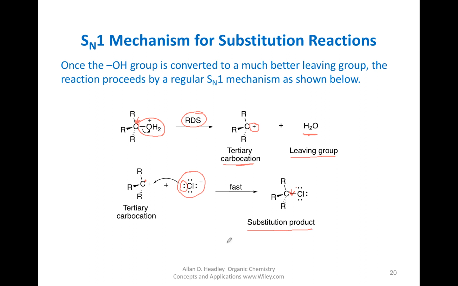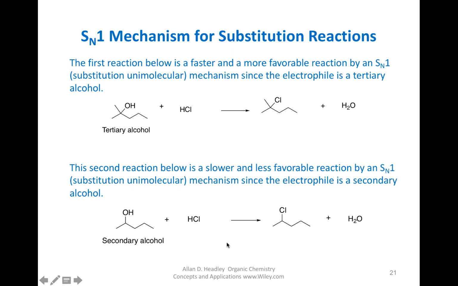So once again, these reactions with alcohol will occur, but we need to protonate it to get here a better leaving group. So here is a reaction. Here's a tertiary alcohol. Here is the OH group, very poor leaving group. But in the presence of HCl, a strong acid, we'll protonate this OH to get OH2, a good leaving group.